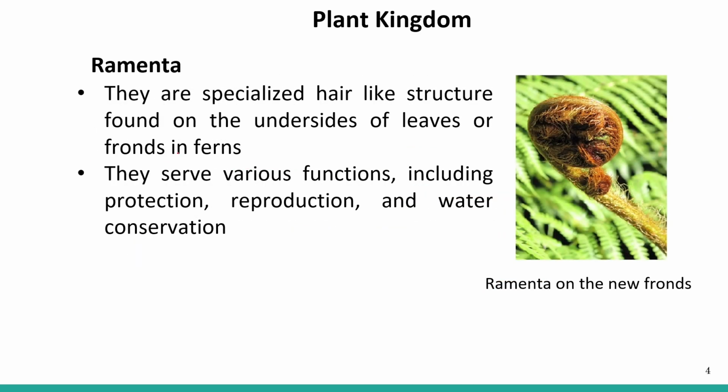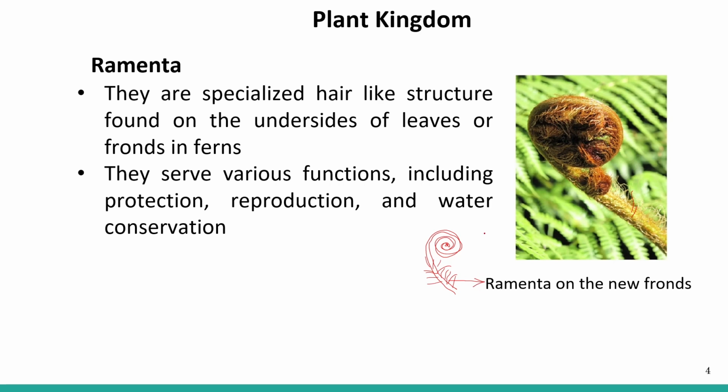Ramenta. Now ramenta are hair-like structures. Here you can see this is a young leaf. A young leaf is curl-like. It is a curled young leaf. And on this, hair-like structures are present, which are called ramenta.